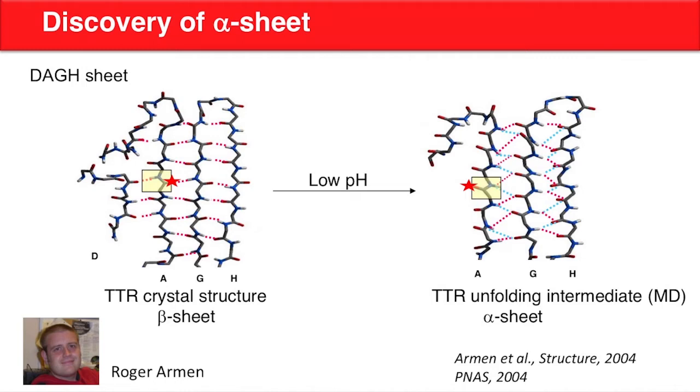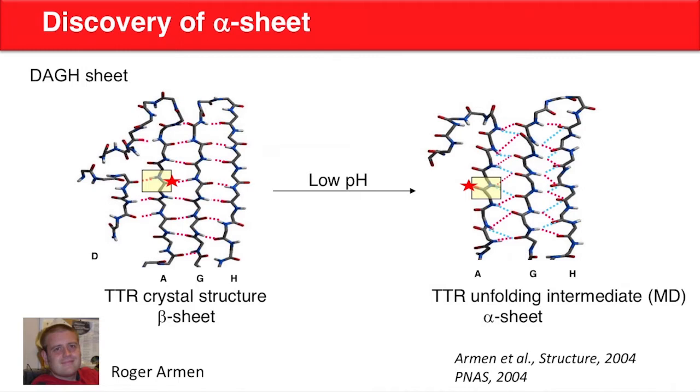We called this initially gamma sheet. We switched to the name alpha sheet. It was discovered by Roger Arman in my lab, who you see there, and it was published nearly 16 years ago now. It was a hypothesis. It was something that was just in the computer at that time. So we spent more effort on characterizing this structure.